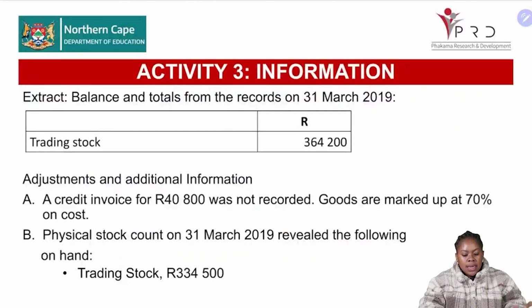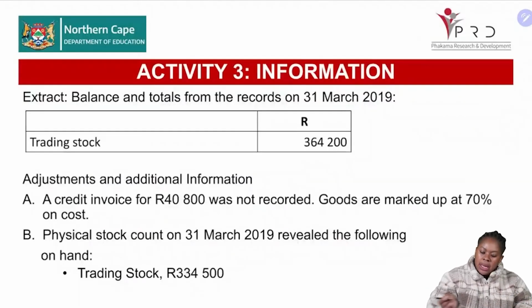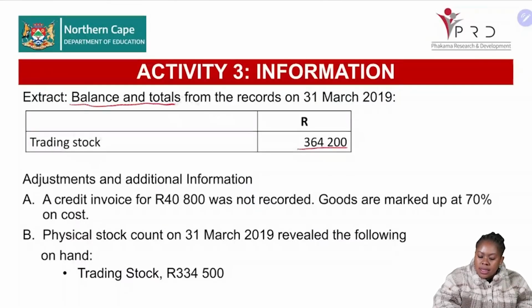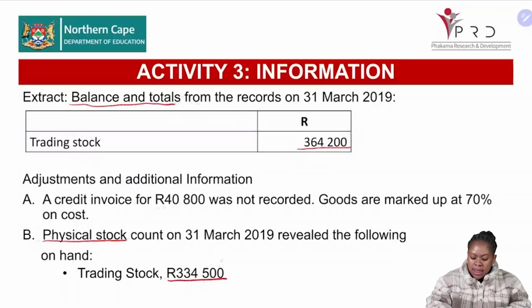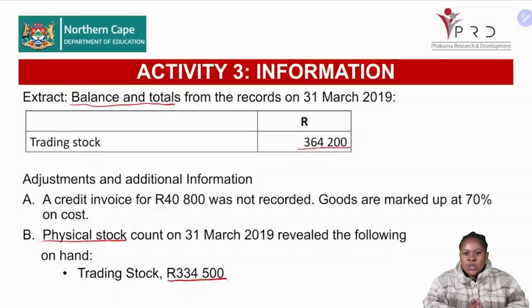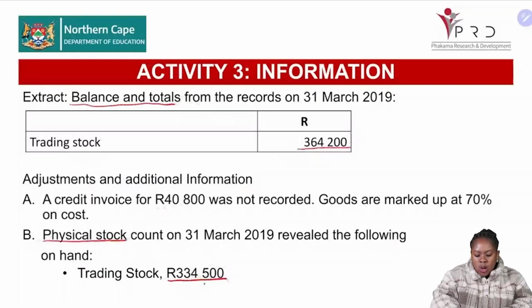Welcome back, grade 12s. Let's see what you have been up to. Now, according to our trial balance or our totals, our trading stock is 364,200. And if we look at our information, we will see that our physical stock count says we have actually 334,500. Now, looking at our definitions for trading stock surplus and trading stock deficit, I'm going to start with the surplus. The surplus is when the physical stock is more than the trading stock.